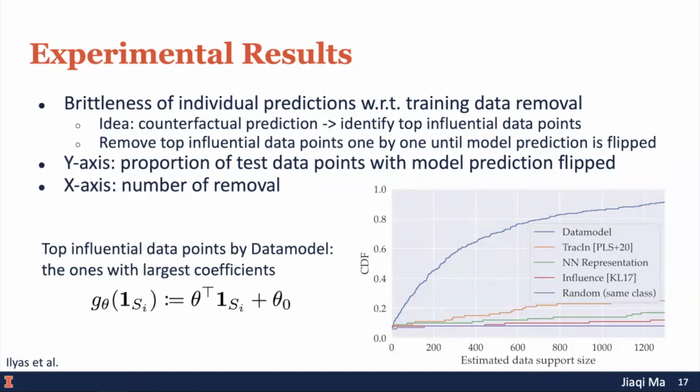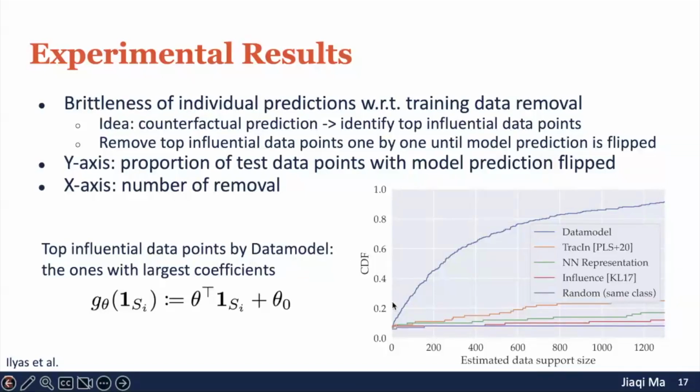So for the data model method, the top influential data points are identified by looking at the theta vector. Recall that theta is a vector with length of the training data size. So each element of this theta vector corresponds to one training data point. We can identify the top influential data points by just looking at the magnitude of these theta elements. The ones with the largest coefficients in theta will be the top influential data points identified by data model.